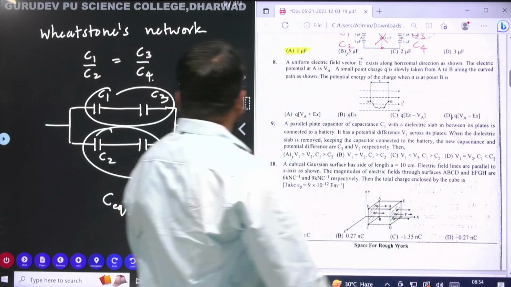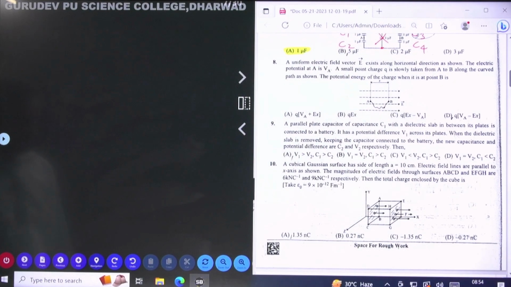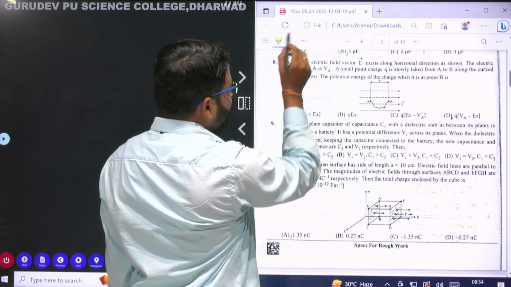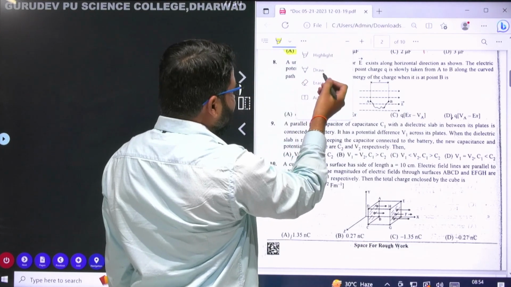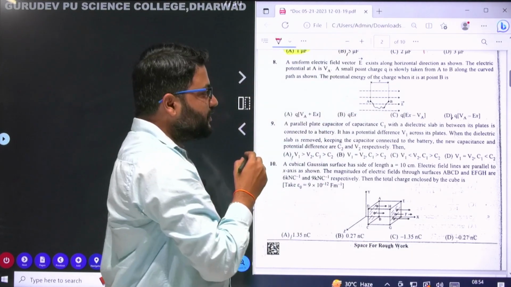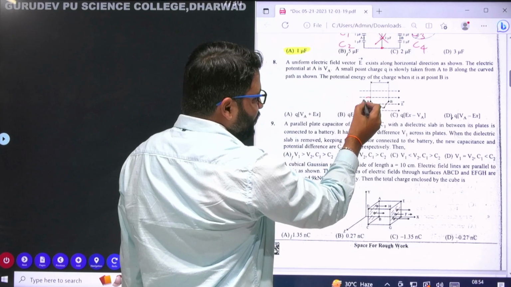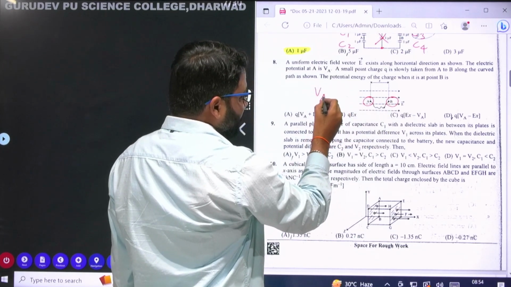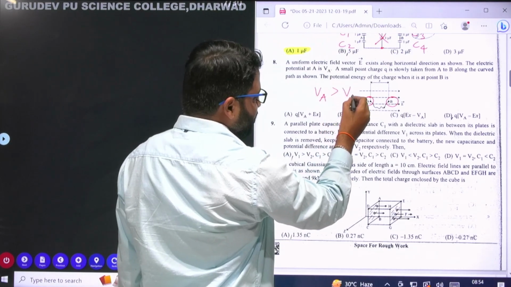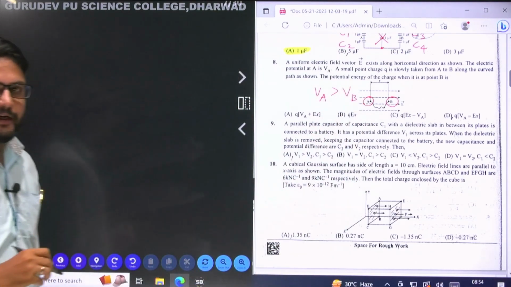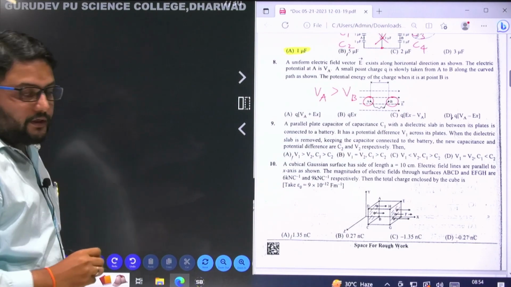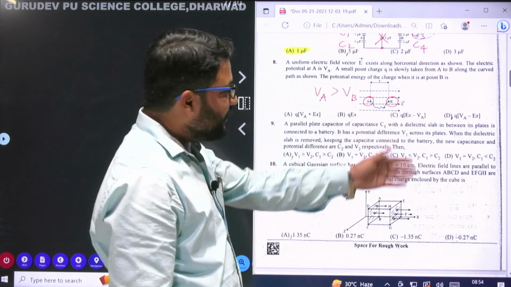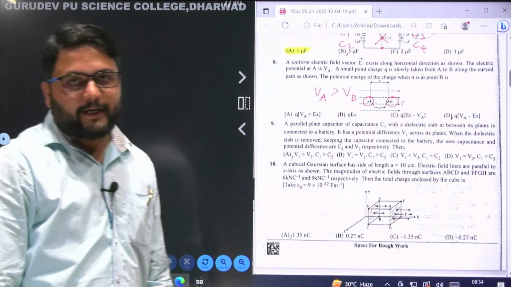Keeping the concepts very simple, I'm going to solve the next one very fast. By seeing this problem, I hope you have understood that it is a concept on potential, from the second chapter. As I already know the concepts, I can clearly say that potential at A is greater than potential at B, because along the direction of electric field, potential goes on decreasing.